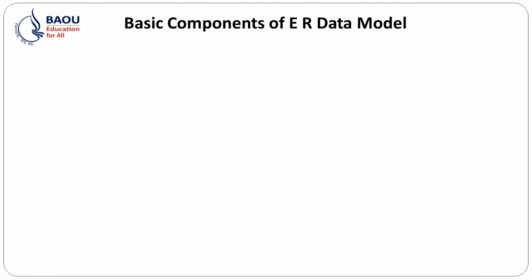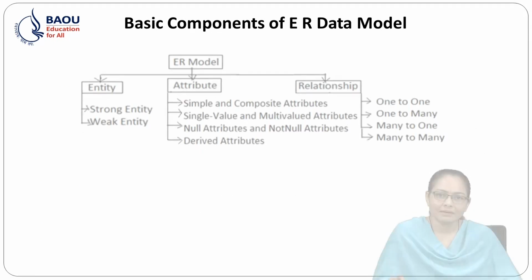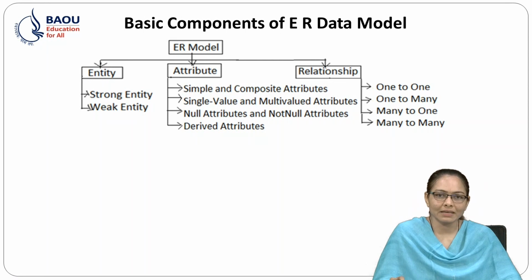Now, the basic components of the ER data model. Here we can see in the figure, it shows the ER model which has three main parts, that is entity, attributes and relationship. Now, entity has two main parts, strong entity and weak entity.